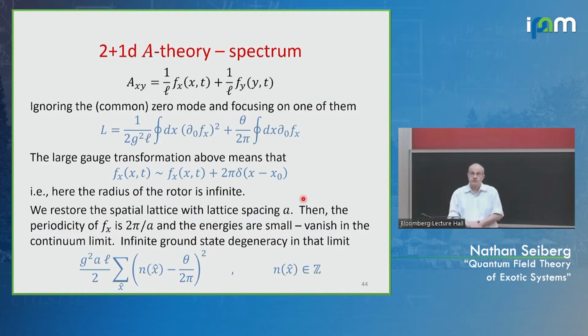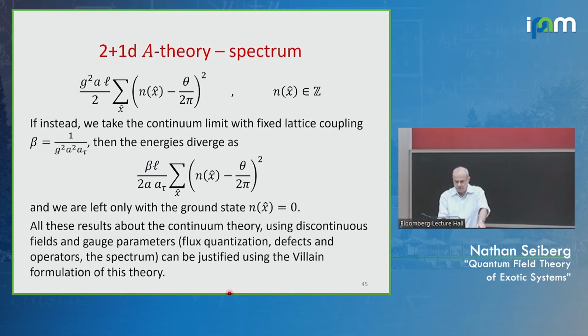It has defects, which are fractons and lineons. It has operators, which are strips, not the Wilson line, but the Wilson strip. And it has a very peculiar spectrum, no localized excitations, but lots of states at low energies, a large ground state degeneracy.